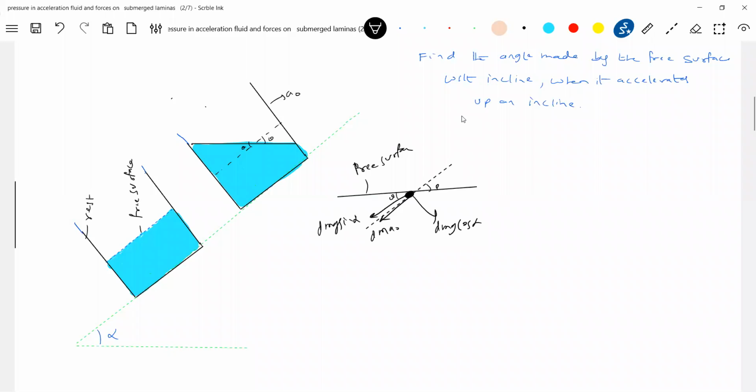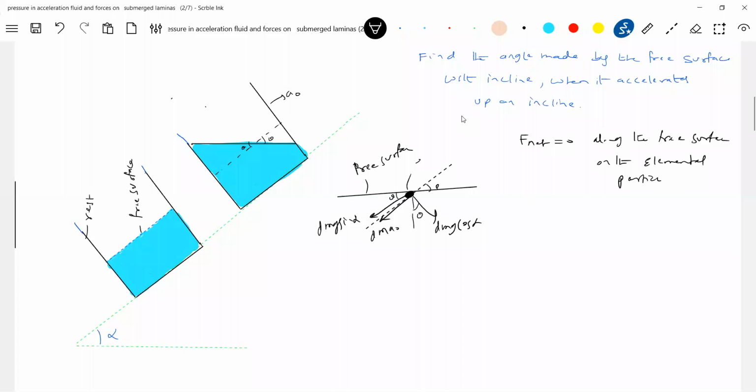Get into the problem now. This will be theta. So along the free surface, you have to equate here, on the elemental particle.